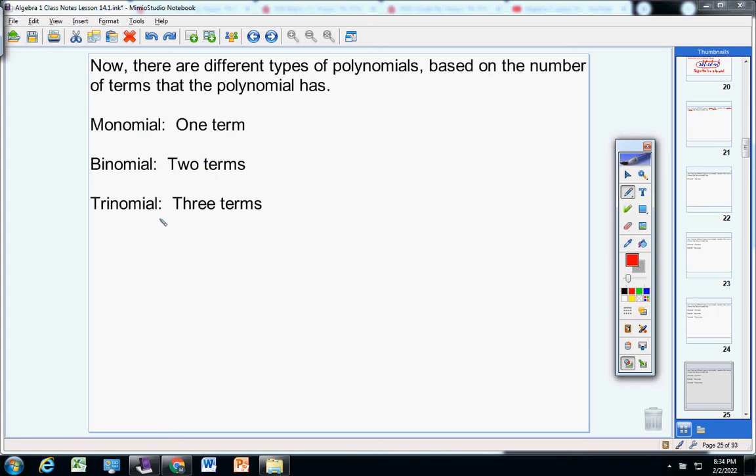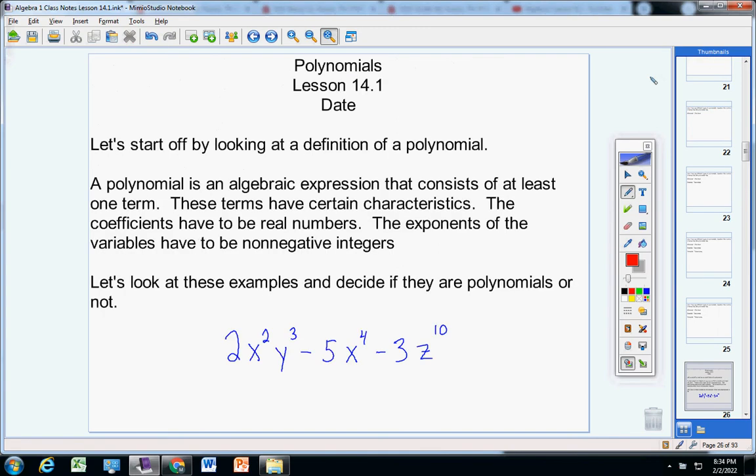In fact, let's go back and look at the example you already have in your notes, which is this one right here. What is this? It's a polynomial and it has three terms. One, two, three. So what type of polynomial is it? It is called a trinomial.